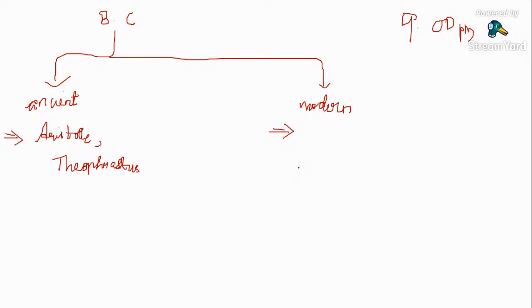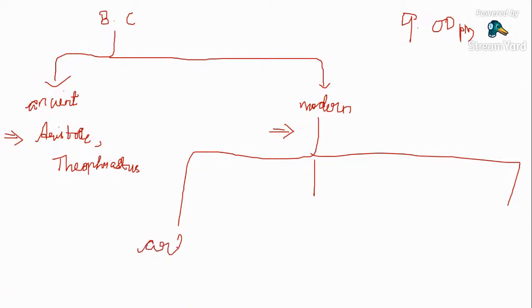Yes, be active. The modern system of classification, if you look at it in detail, can be further classified into three: the artificial system of classification, the natural system of classification, and the phylogenetic system of classification.